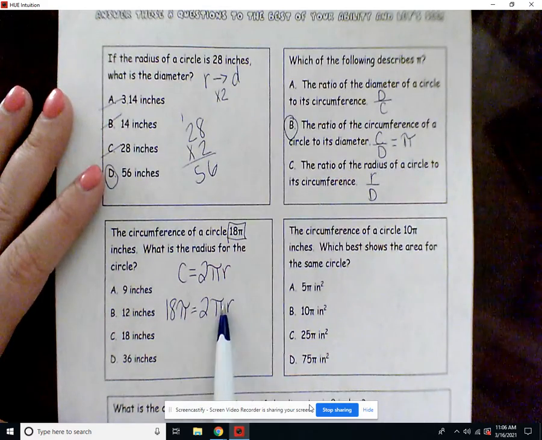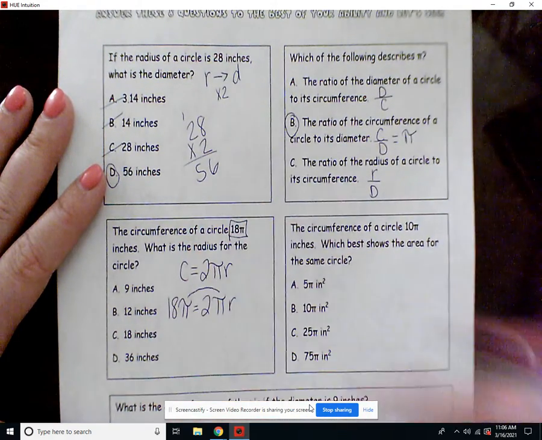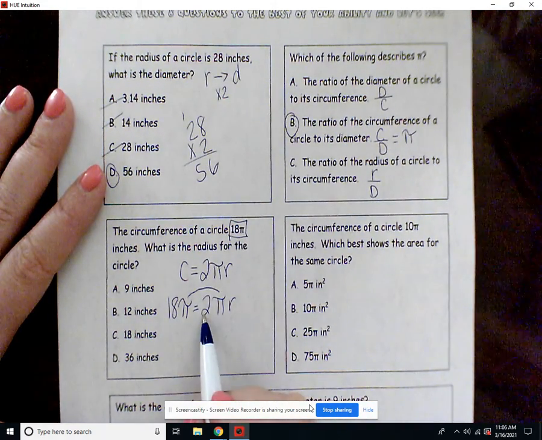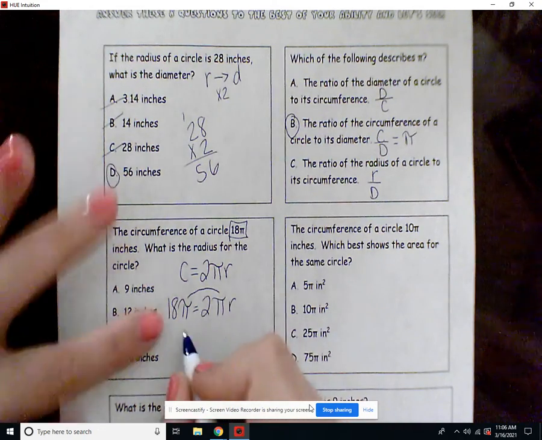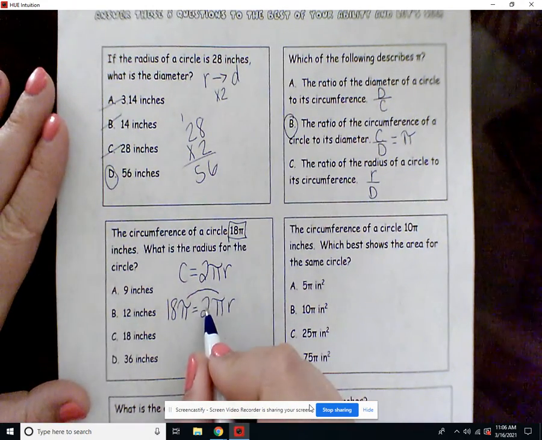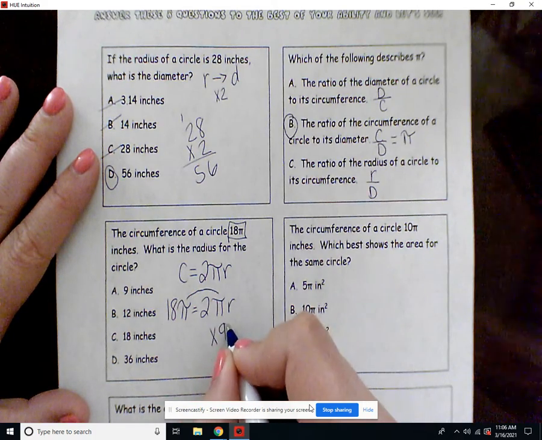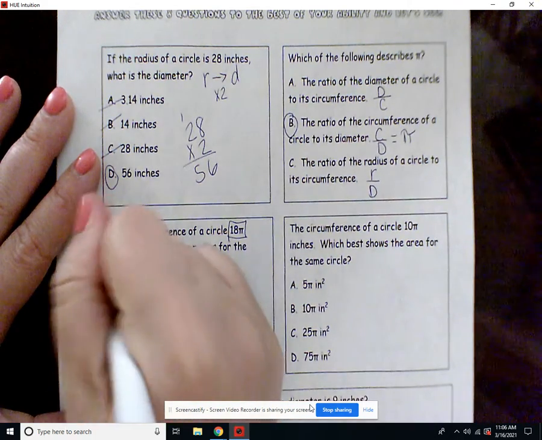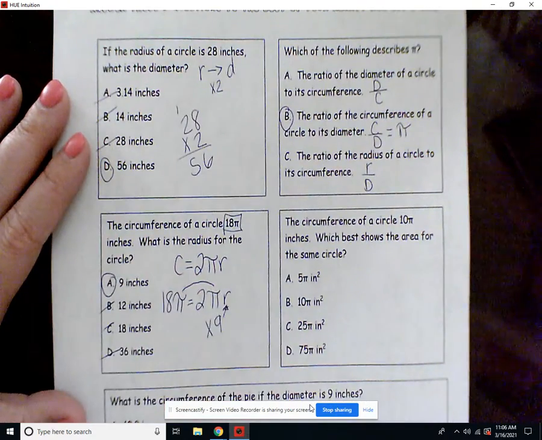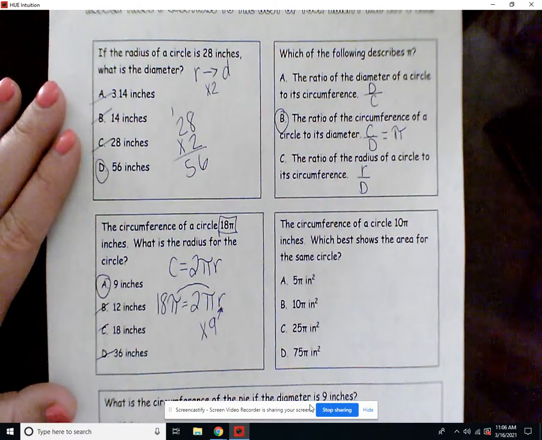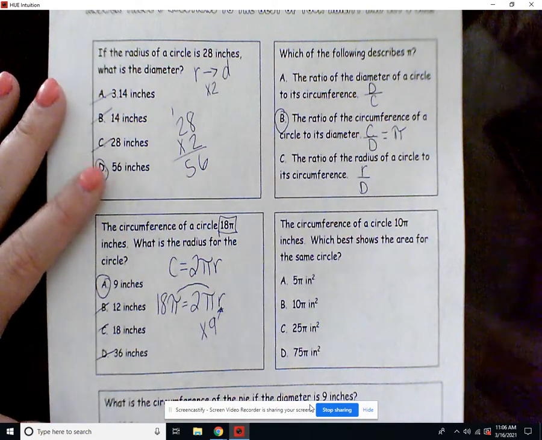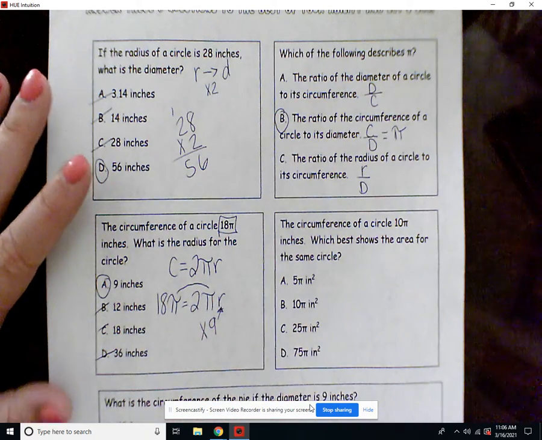Well, there's the pi symbol. There's 2, and then I need to know what is r. Well, this is 18. So how did I get from 2 to 18? I can times it by 9, and so that means my r is going to be 9 inches. Because 9 times 2 is 18, and then that gives us 18 pi.